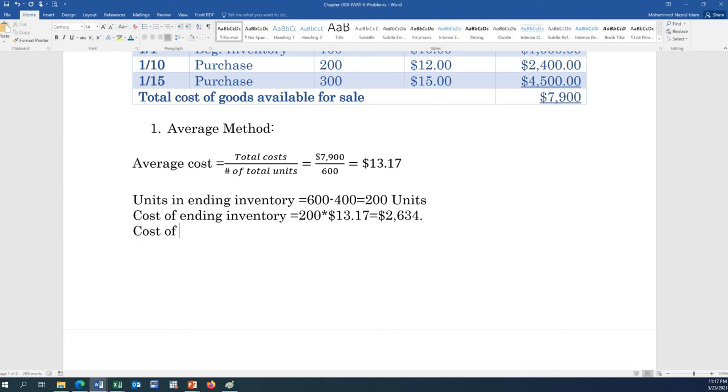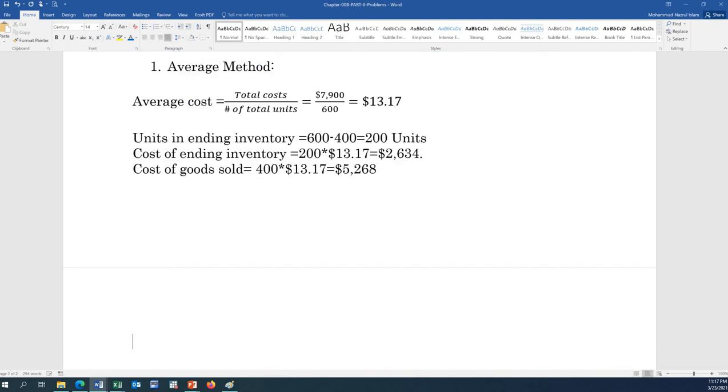And what is the cost of goods sold? The cost of goods sold would be equal to 400 units sold multiplied by 13.17, so that is equal to 5,268.